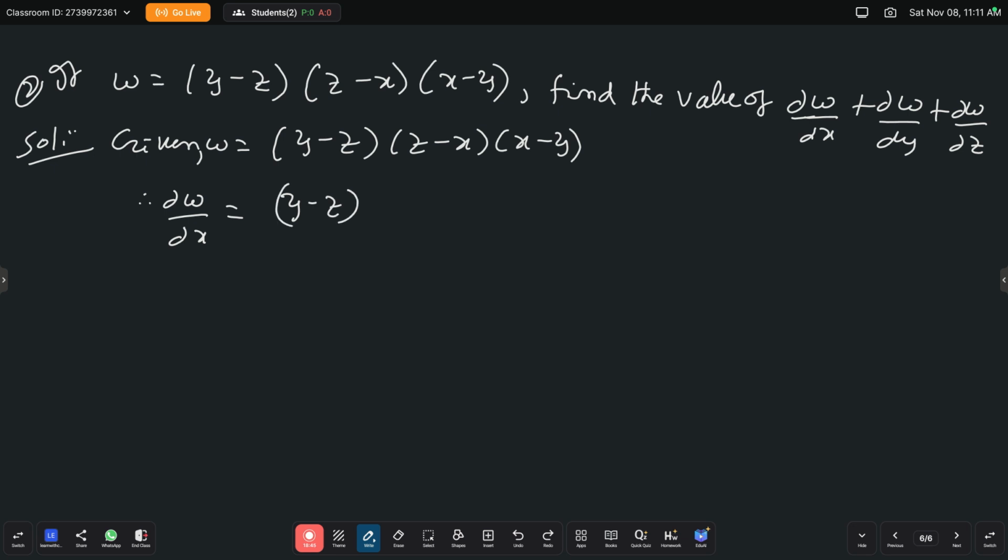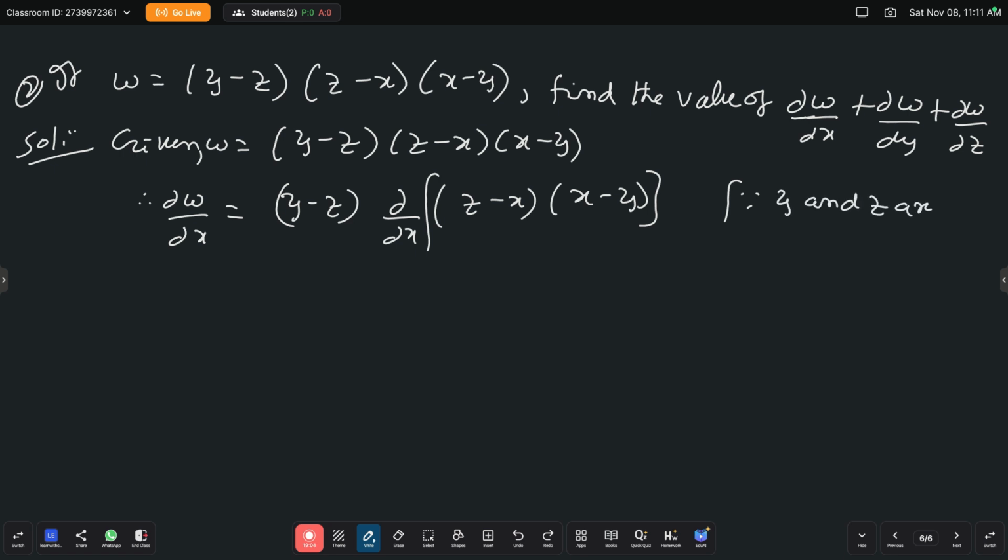So (y minus z) into ∂/∂x of (z minus x)(x minus y). Here, with respect to x, since y and z are constants, we can represent that as a UV form.